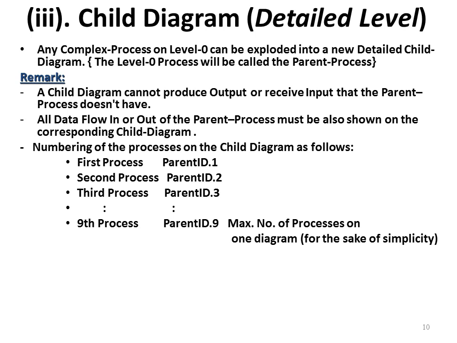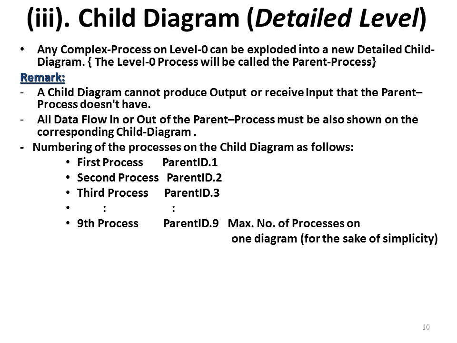This level's child diagram cannot produce output or receive input that the parent process doesn't have, which means this level as well should be consistent with level 0. All data flow in or out of the parent process must also be shown in the corresponding child diagram. This is the same as the guidelines or rules in level 0.